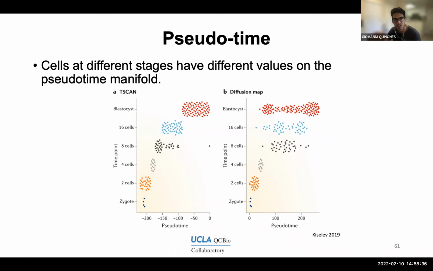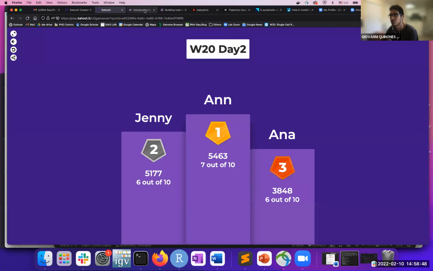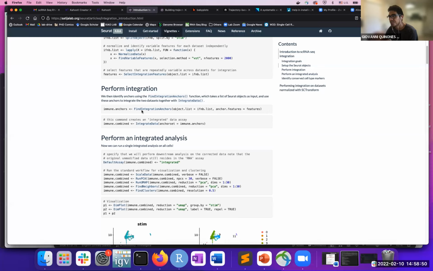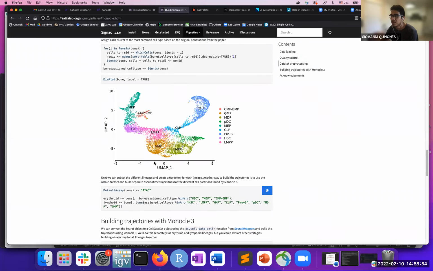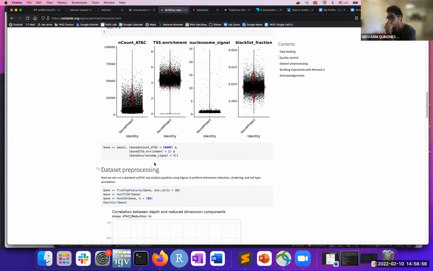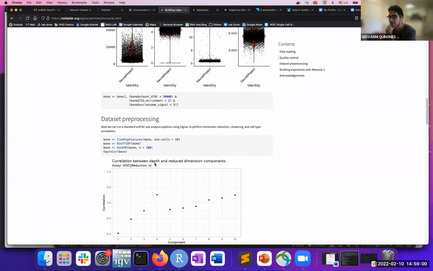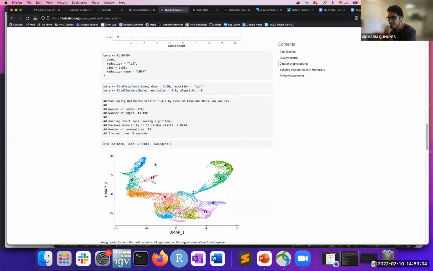So at this point, this pseudo time trajectory is not part of our tutorial, but nevertheless, I wanted to show you how, on this very same package, Seurat, that we're using, we can perform this pseudo time analysis.